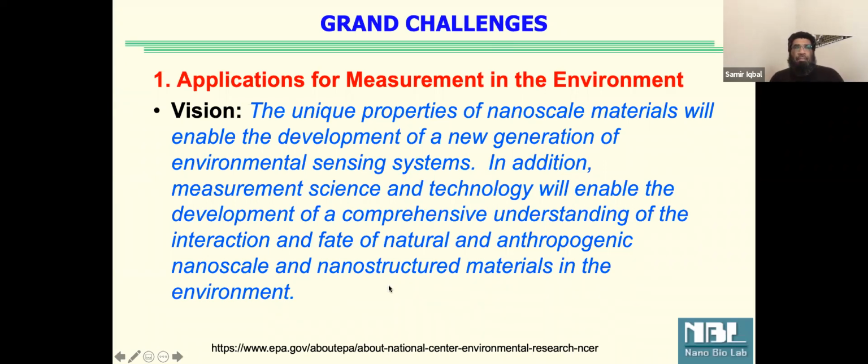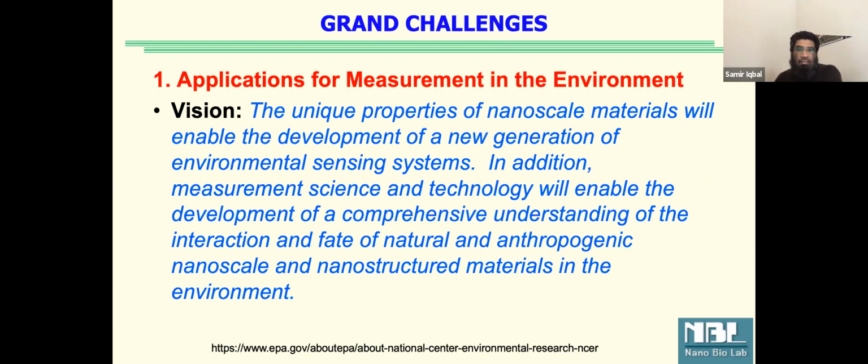So, for example, environmental sensors. Environment has a long-term impact on living systems, living things, on us, not just today, but our exposure to environmental things may give outcomes maybe 5 years down the road or 10 years down the road.